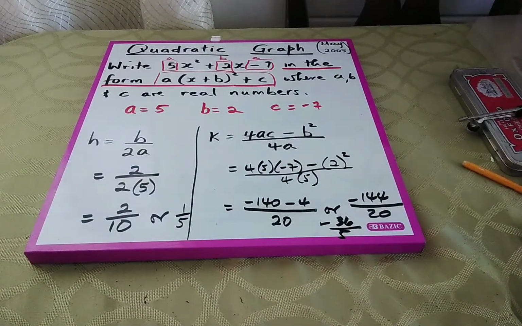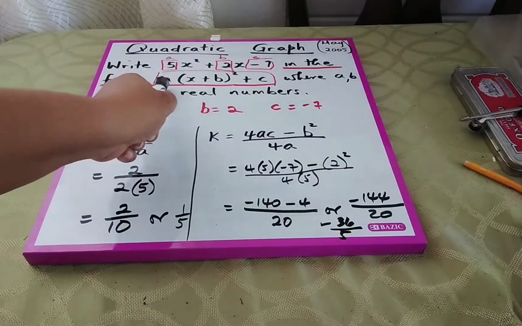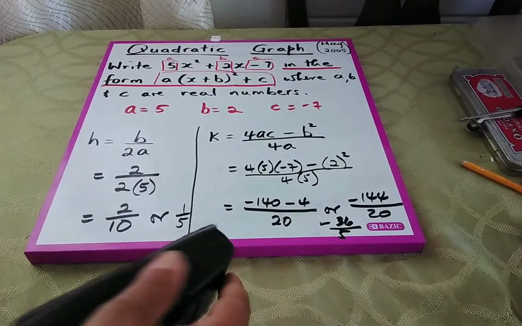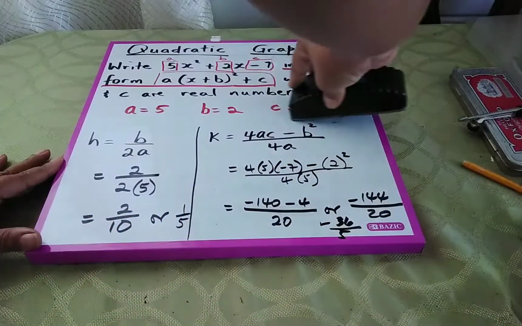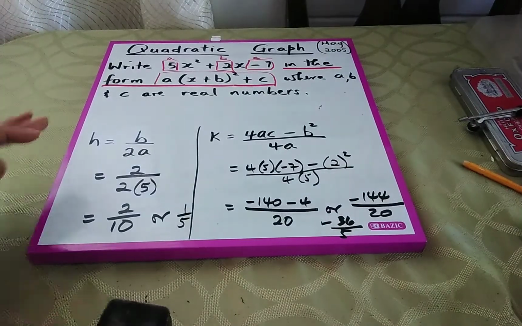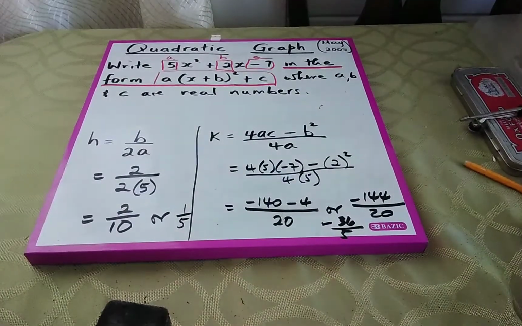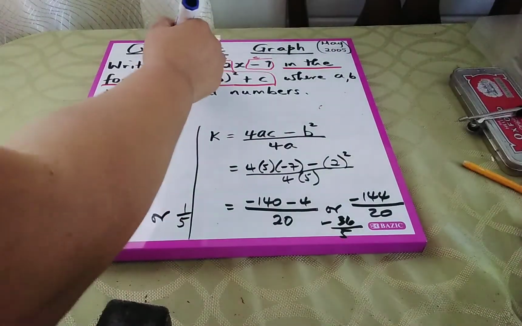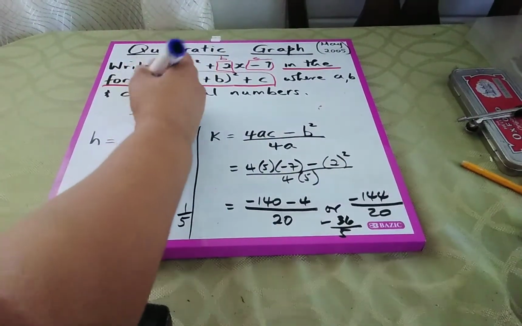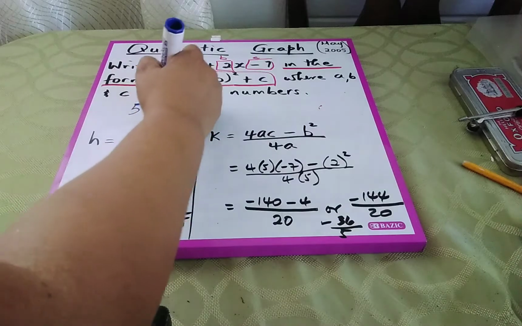All right, so now we need to write it in this format. So here is the answer. The A is the 5, then the x.